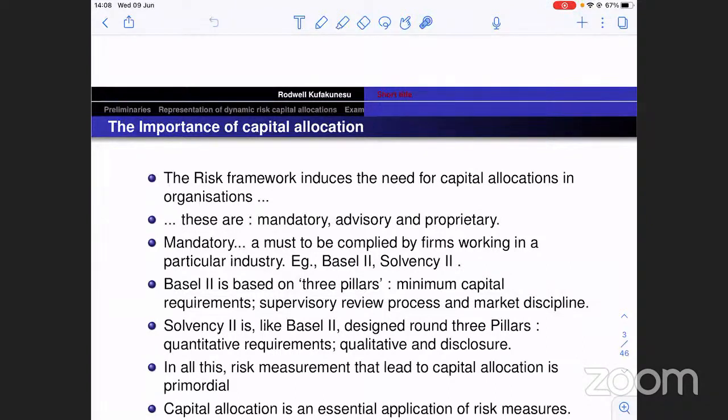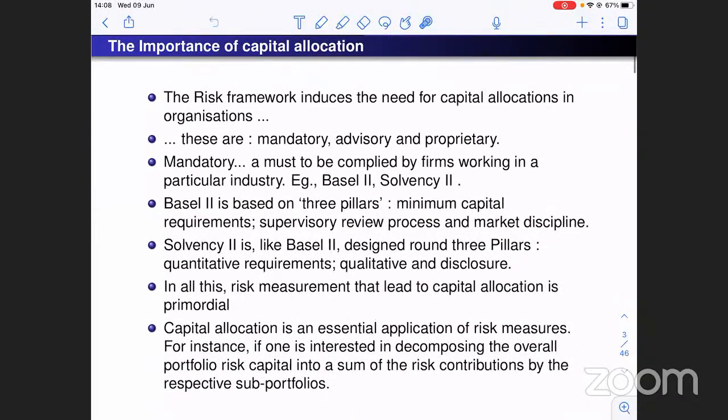In all this, risk measurement that leads to capital allocation is primordial. That's why it is important to have a sort of risk representation for these measures. Capital allocation is an essential application of risk measures. For instance, one may be interested in decomposing an overall portfolio or risk capital into components, which are sub-portfolios.